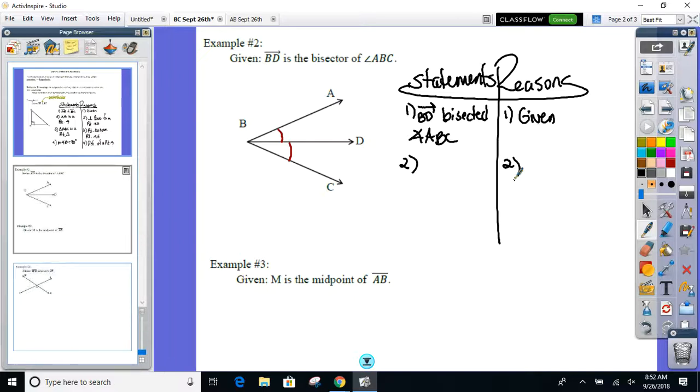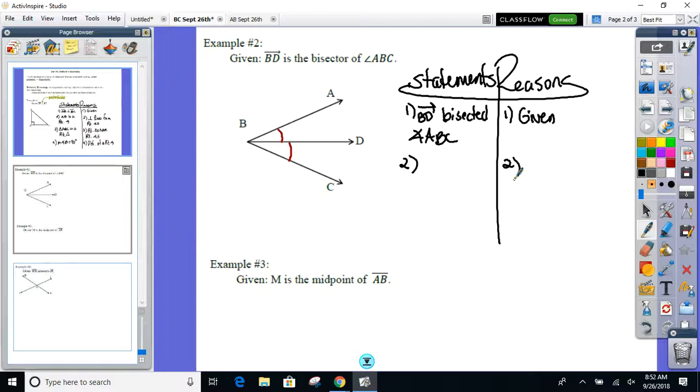Please do not make up your own abbreviations either, your own hieroglyphics. Whatever I use up here on the board is acceptable, okay? But you start making up your own, no go.